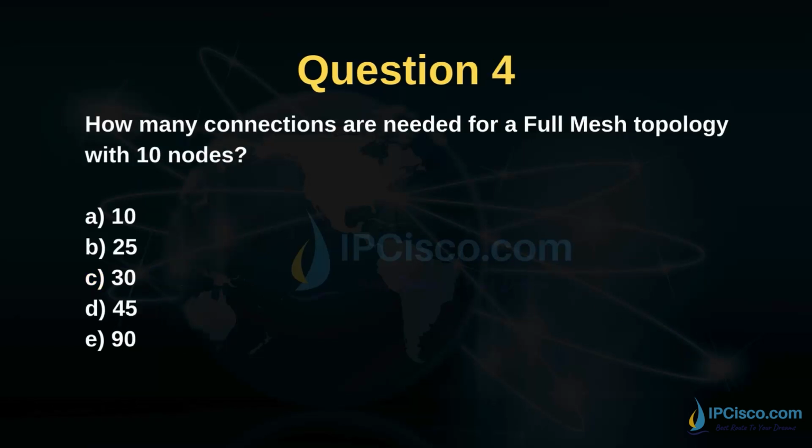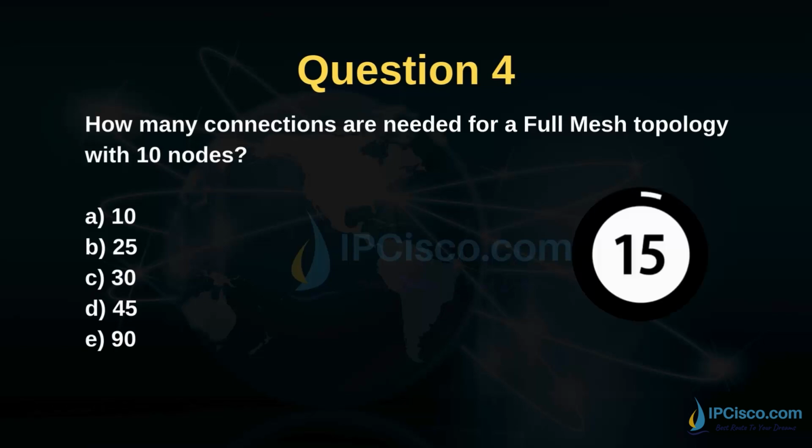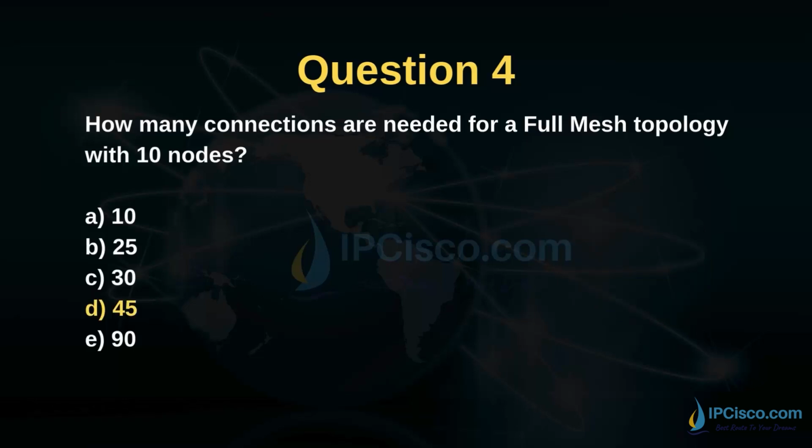How many connections are needed for a full mesh topology with 10 nodes? 10, 25, 30, 45, or 90? The answer is 45. 10 times (10 minus 1) divided by 2 equals 45.